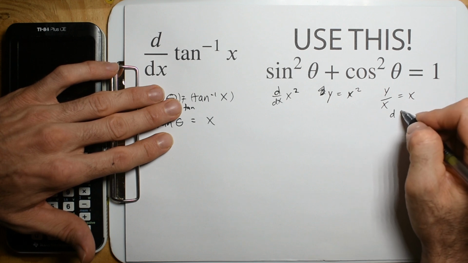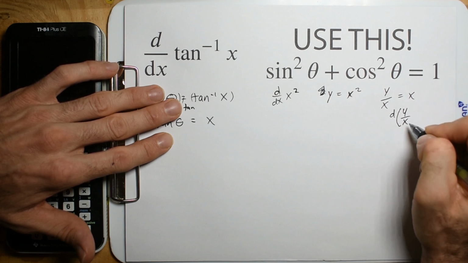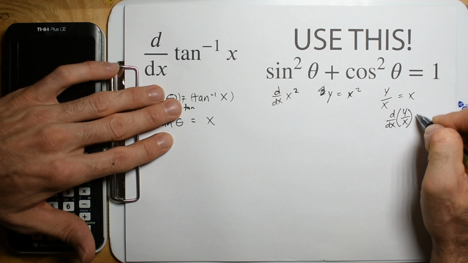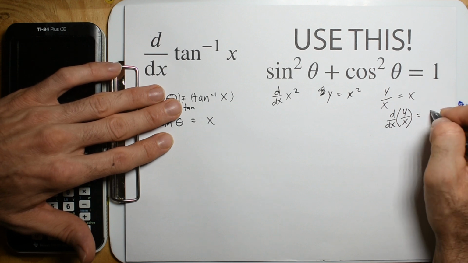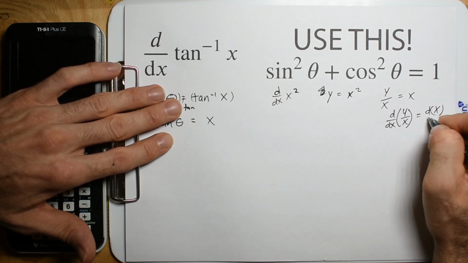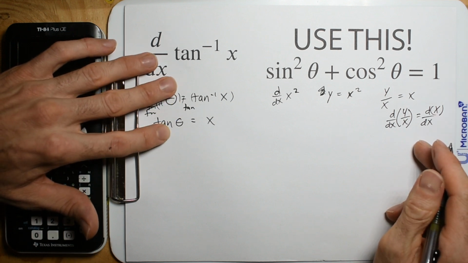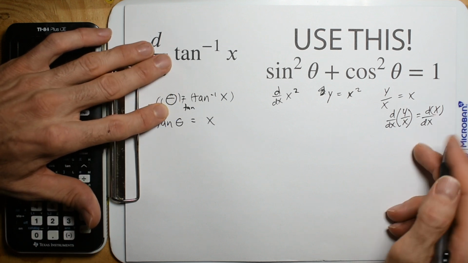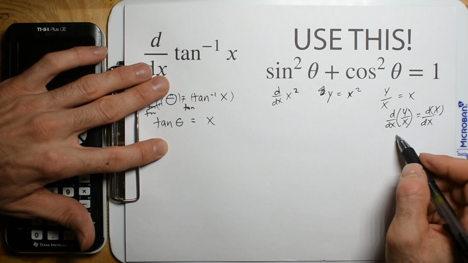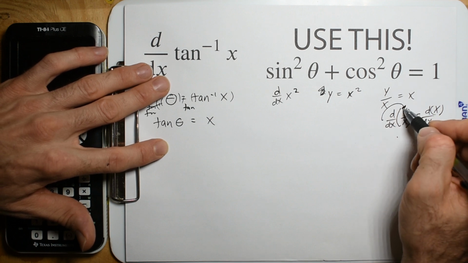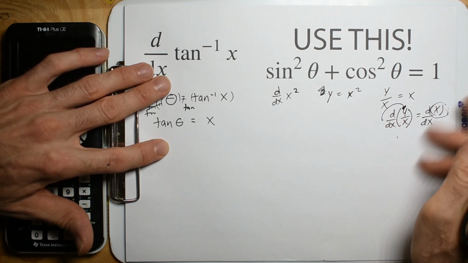So I'm going to take the derivative of y divided by x dx, is equal to the derivative of x dx. But obviously you might run into some issues here. This one you can do.